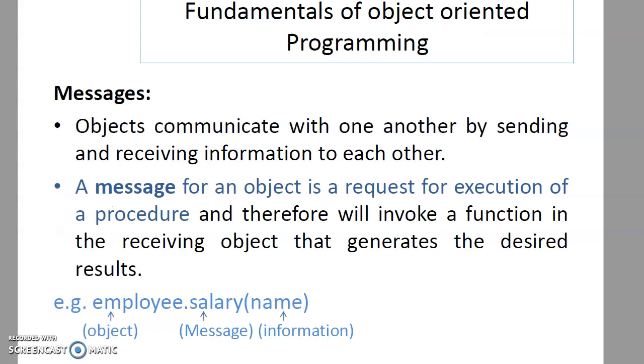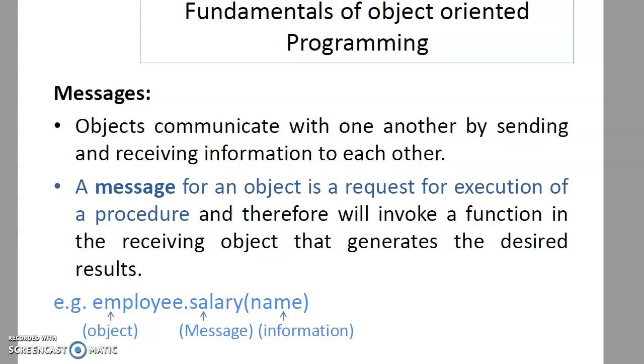The next concept is about messages. What are messages? Objects communicate with one another by sending and receiving information to each other. A message for an object is a request for execution of a procedure.